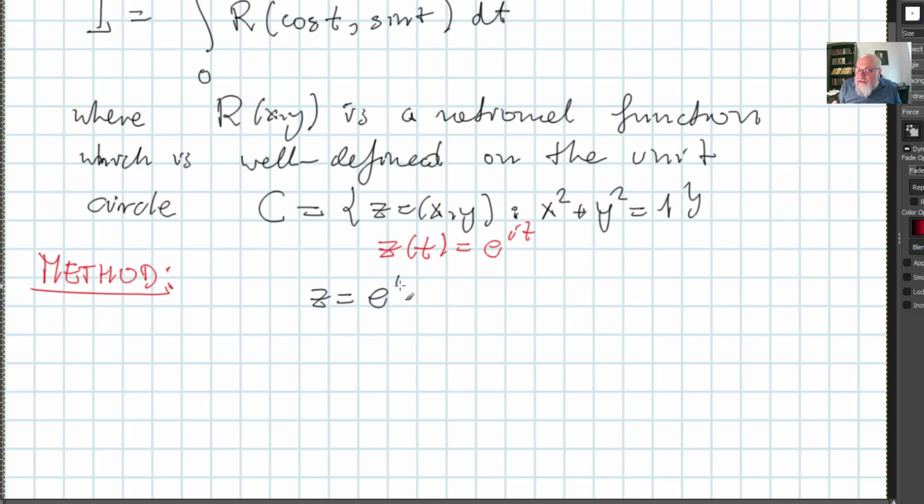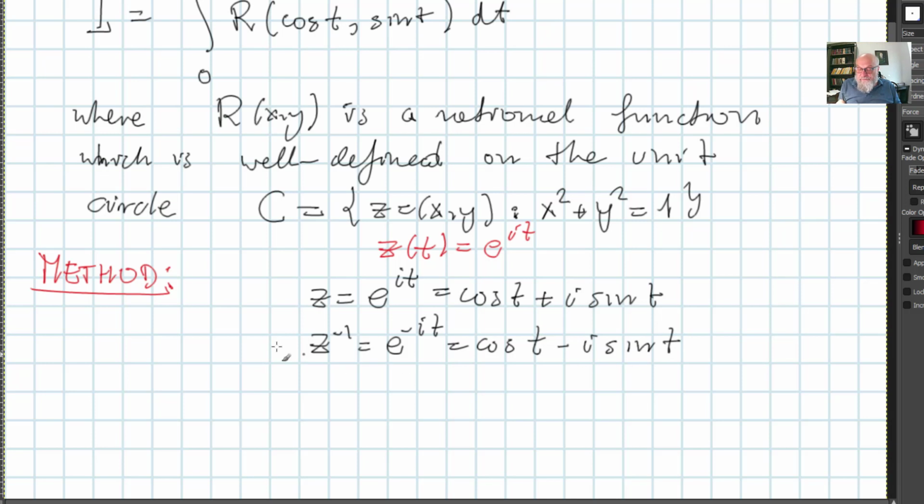So z is equal to e to the it, which is equal to cosine t plus i sine of t. And now 1 over z, which is e to the minus it, will be equal to cosine of t minus i sine of t.